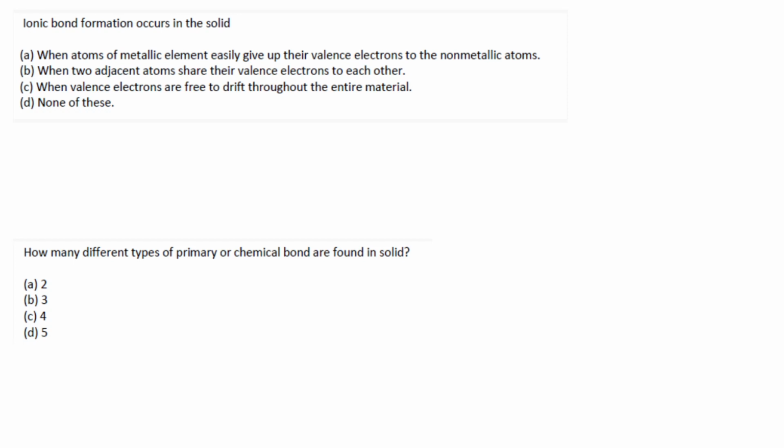So option A is correct, when atoms of metallic element easily give up their valence electron to the non-metallic atoms. If it is sharing, that will be covalent bonding. Another one is dipole kind of bonds. So in this case, it will be the first option.